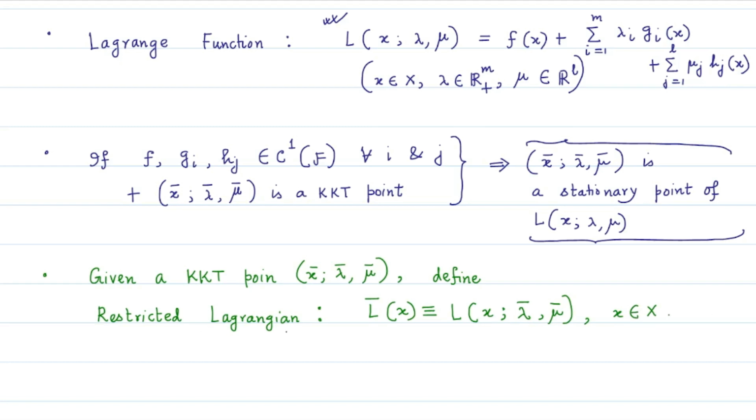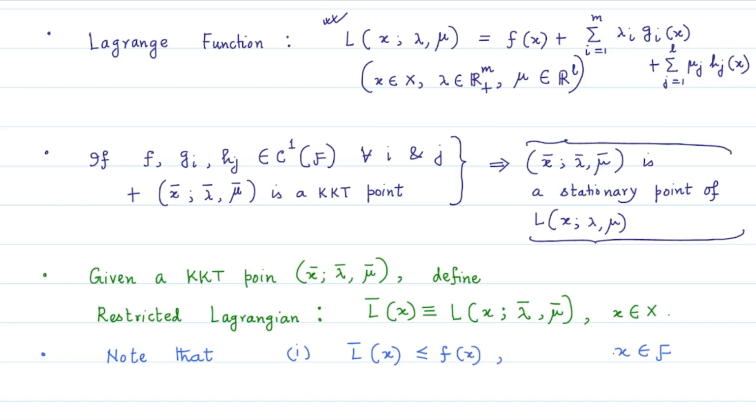Defining this restricted Lagrangian, we immediately notice the following very interesting fact: for x inside the constraint set, that means x belonging to the feasible set capital F, we have L bar(x) less than or equal to f(x).